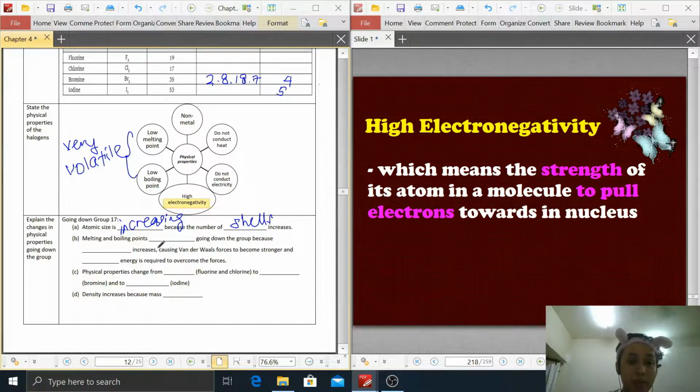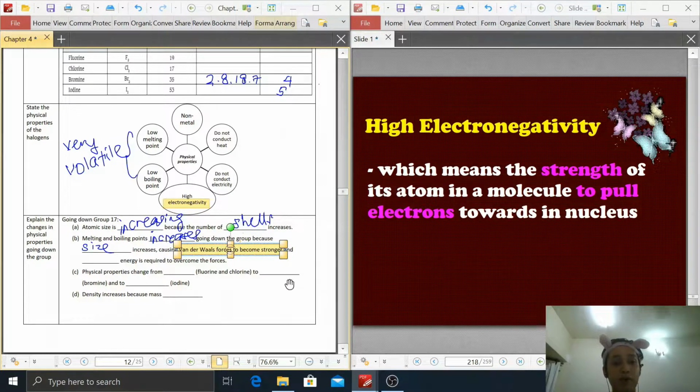And remember your melting and boiling points will also increase. Why? The first point is because size increases. As the size becomes bigger, the distance between molecules becomes shorter. Therefore, van der Waals forces are stronger.